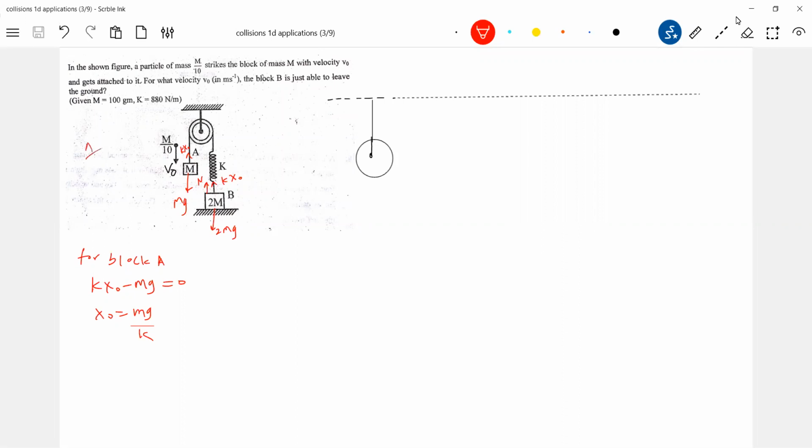Okay, now let's come. So the particle will come and collide and get stuck to it. So m by 10, I think it will become 11 m by 10 total mass.